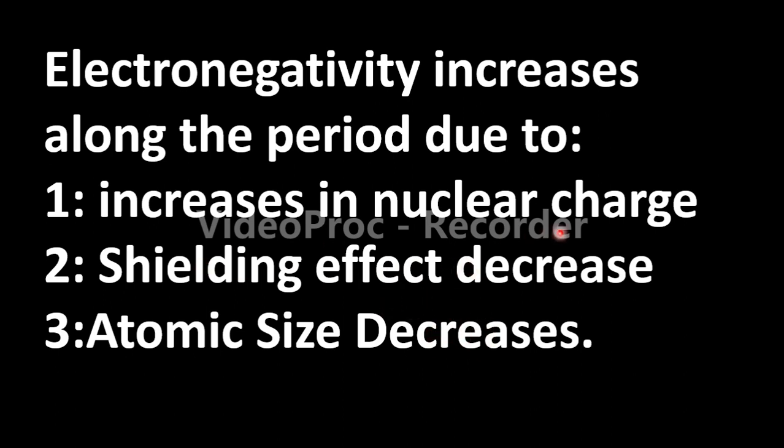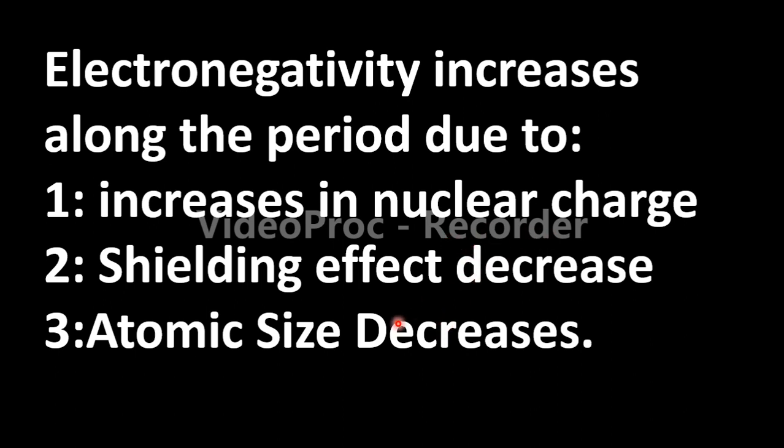So when you move from left to right in a period, the number of shells is retained. Every atom retains the number of shells. So the atomic size starts decreasing because there is no increase in the number of shells, but an increase in the nuclear charge.